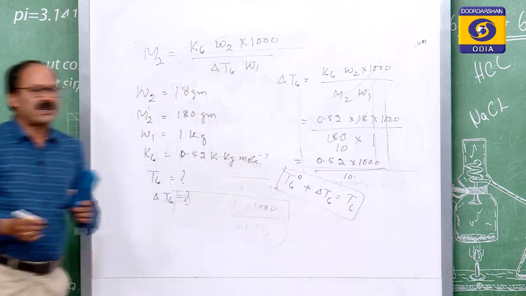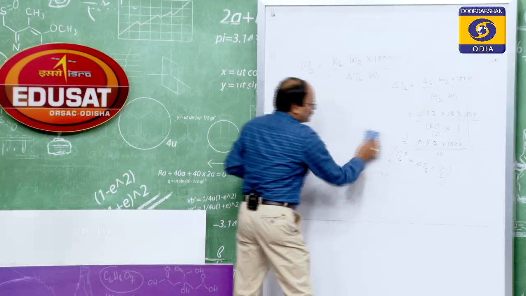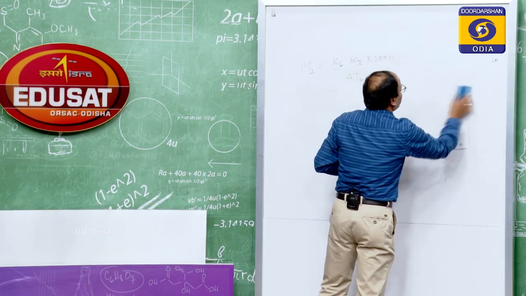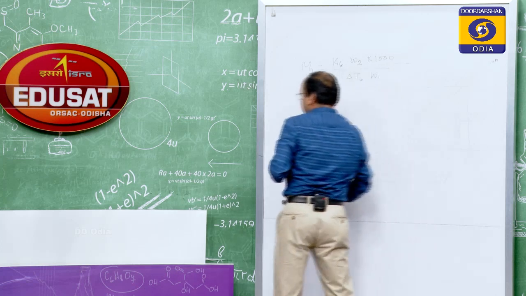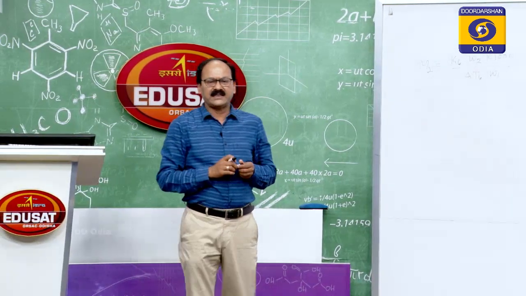So, this is the way you can calculate the elevation in boiling point. Now, we will go to another numerical. We calculate delta Tb, then add it to the boiling point of the pure solvent, water, which is 100 degree centigrade, then you can find the boiling point.